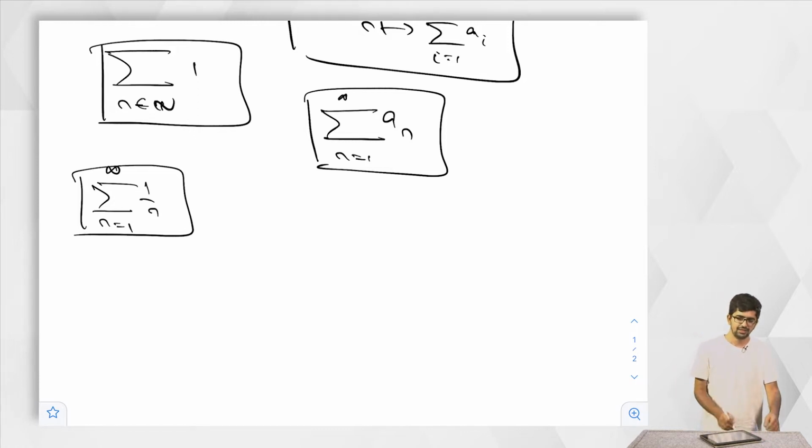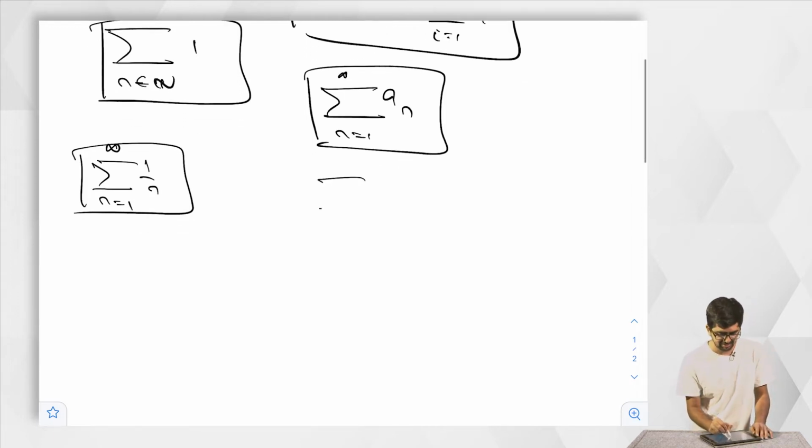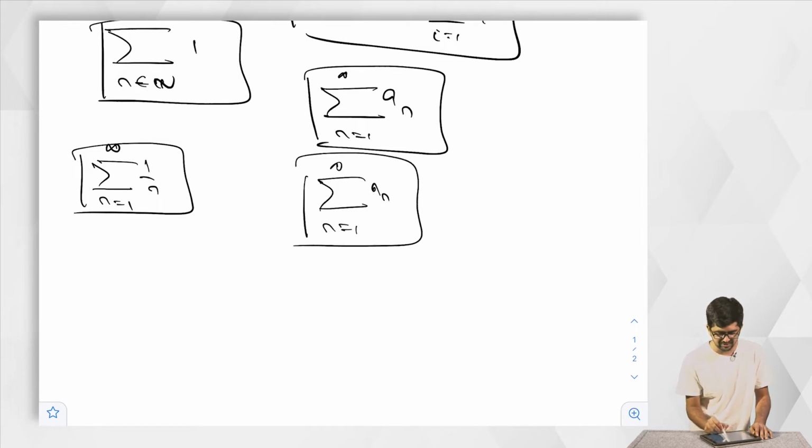And then we focused on series whose terms are non-negative. We have seen three results. Suppose we take a series summation a_n, and every element of this series is non-negative. Then this series converges if and only if the sequence of partial sums SA_n is bounded above.